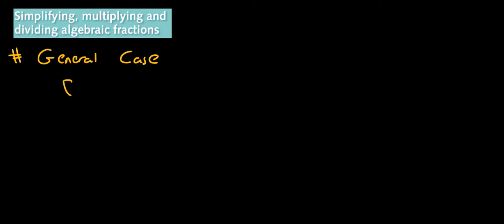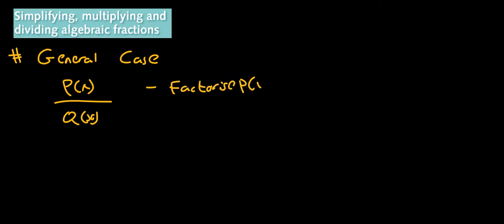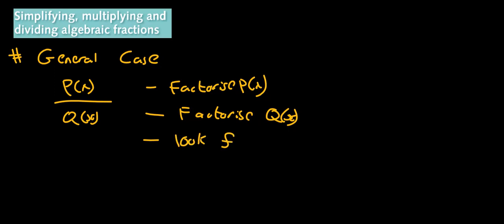If we have p of x over q of x, these are polynomials, we factorize p of x, we factorize q of x, so you factorize the numerator and denominator, then we look for cancellations.